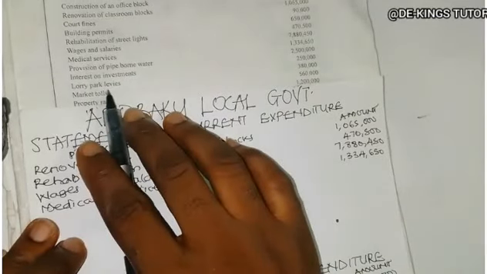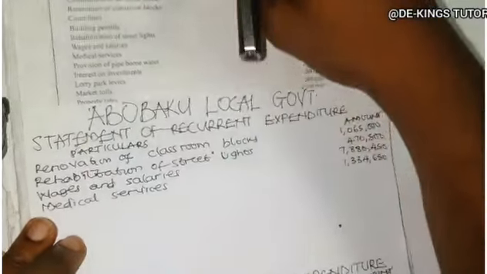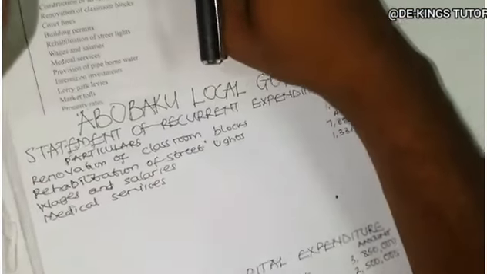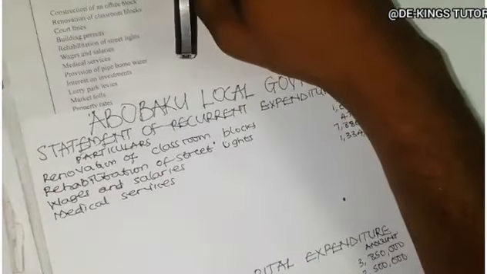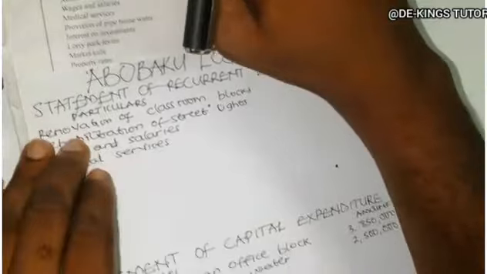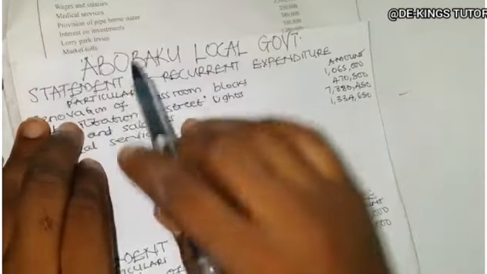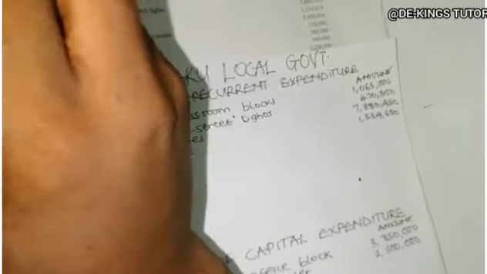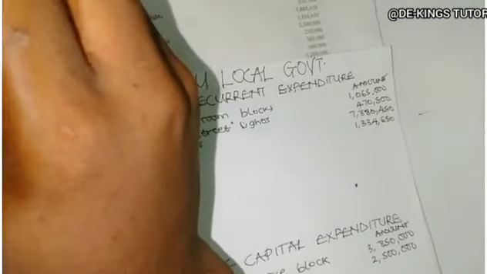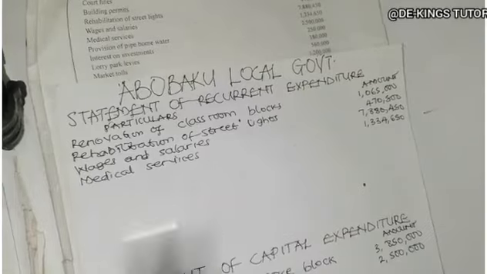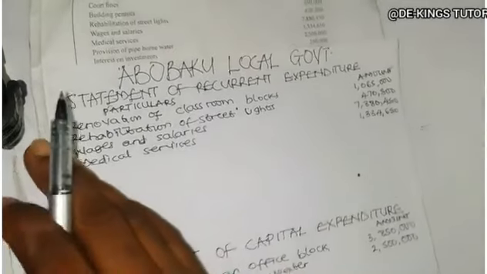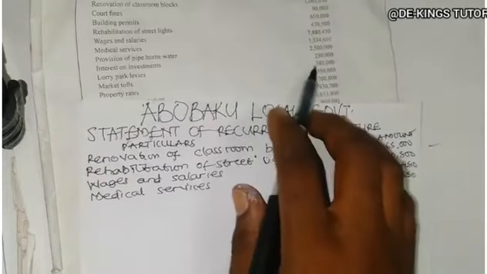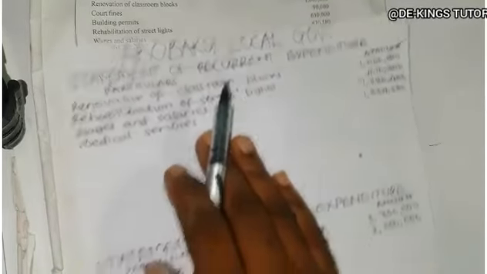The next one is lorry park levies, 380,000.